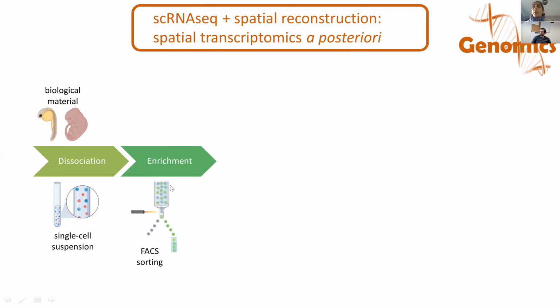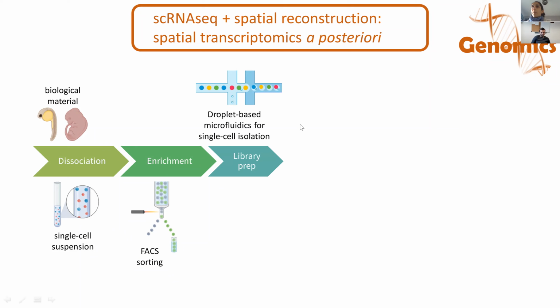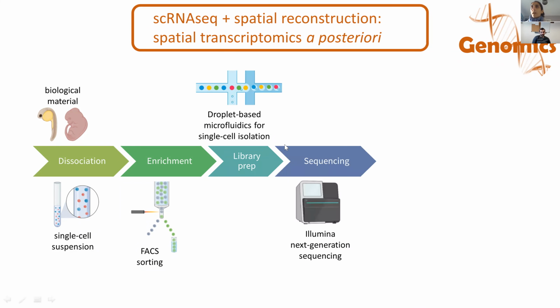Then you might want to enrich your population of interest using FACS sorting, either because you want to enrich the particular population expressing a particular marker, or because you want to enrich viable cells. Then you will prepare your single cell omics library, usually using a droplet-based microfluidic system for the isolation of single cells. Then you will sequence your RNAs using, for example, Illumina next generation sequencing.